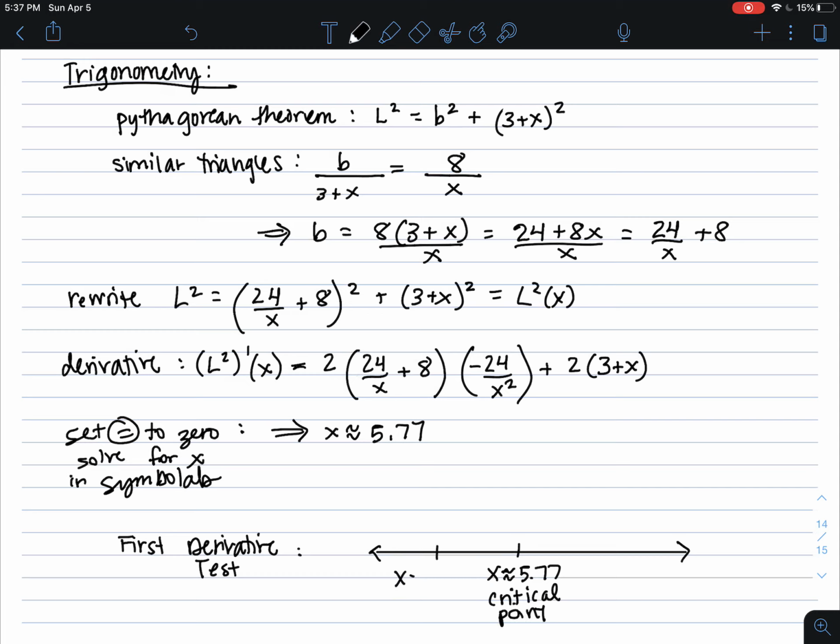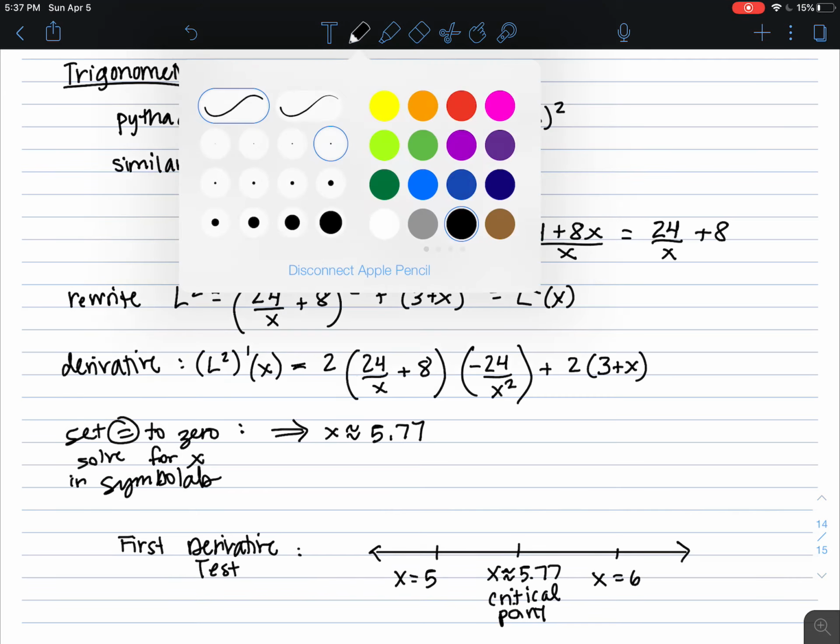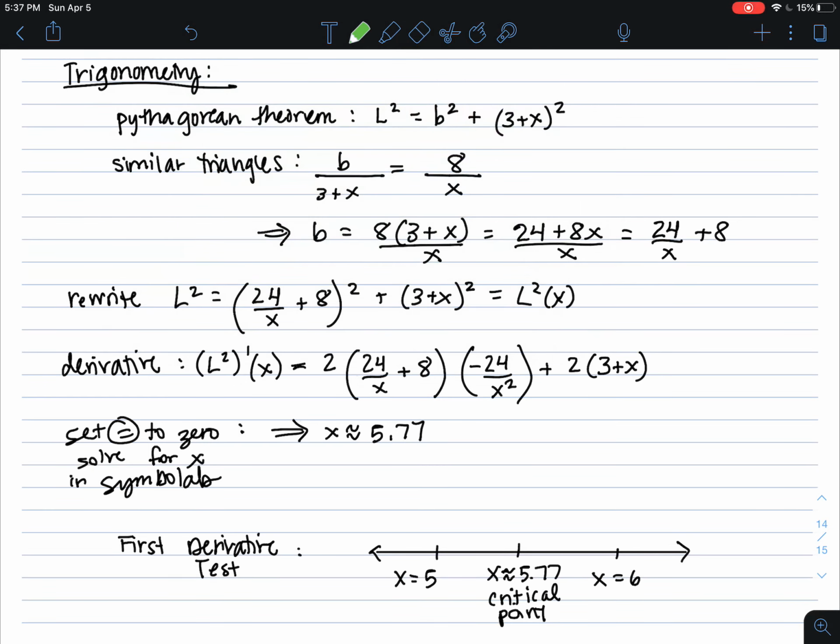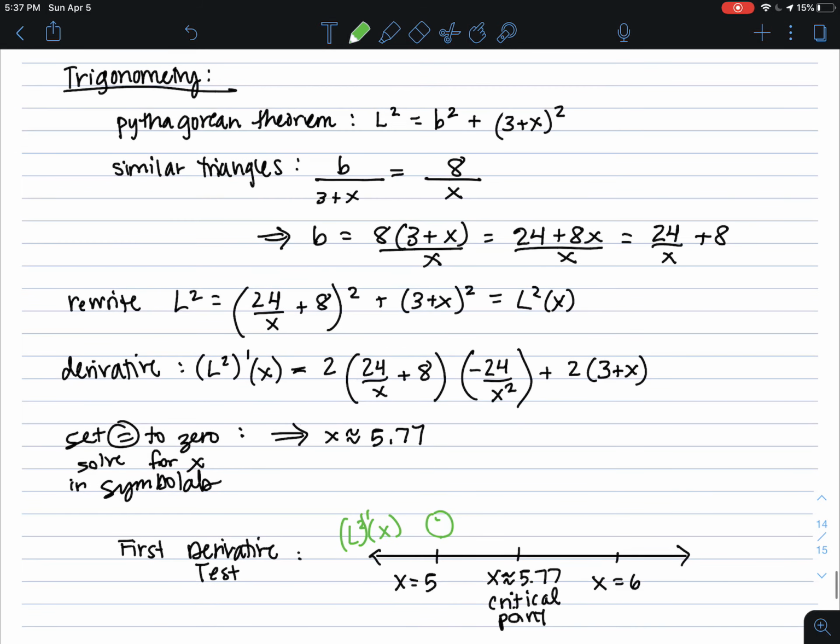And we're going to plug in values from the left, let's say x equals 5, and the right, let's say x equals 6. And if you plug those in to your derivative of our L squared function, you get a positive value, or sorry, I lied to you, a negative value at x equals 5, and a positive value at x equals 6.